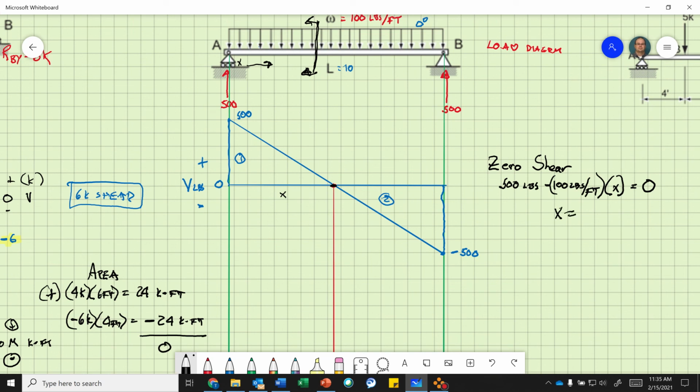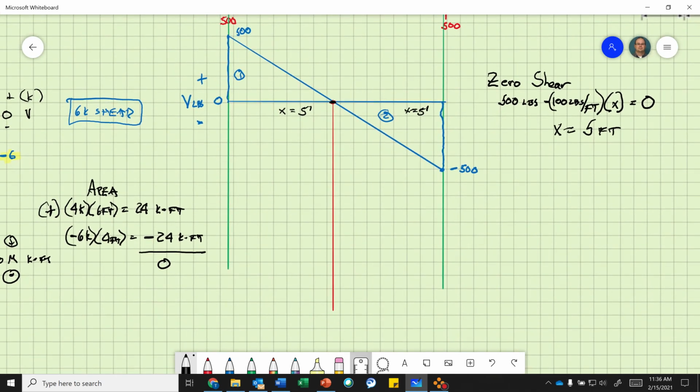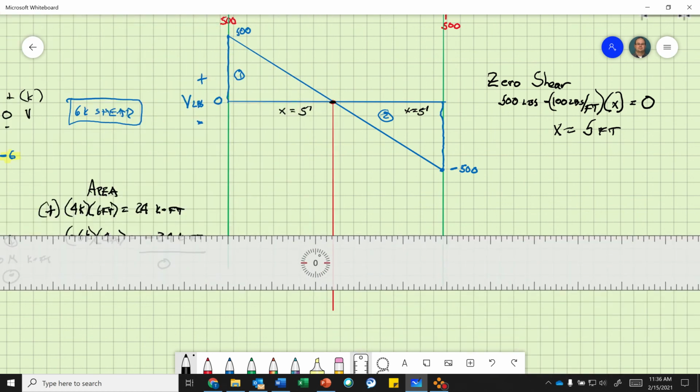So you go 500 pounds. This moves to the positive side, so 500 divided by 100, x equals 5 feet. Okay, so this is a symmetrical beam, but you may only have a partial distributed load, so it's important you can find that. And this is 5 feet, because we need to know the length of our triangle. All right, so that's how you do that. So now let's do our moment equation.